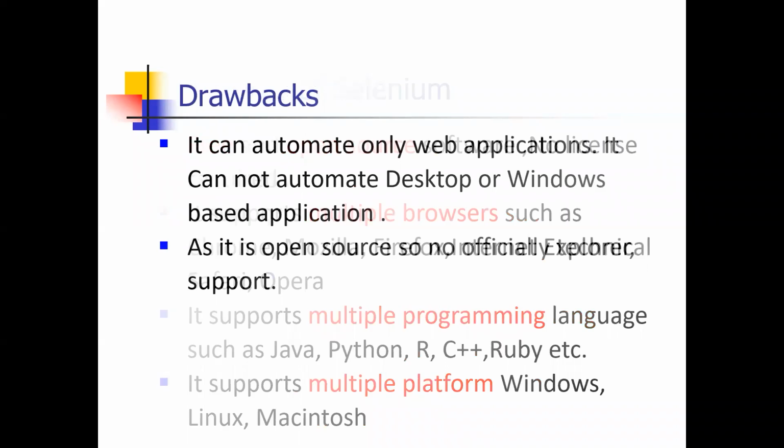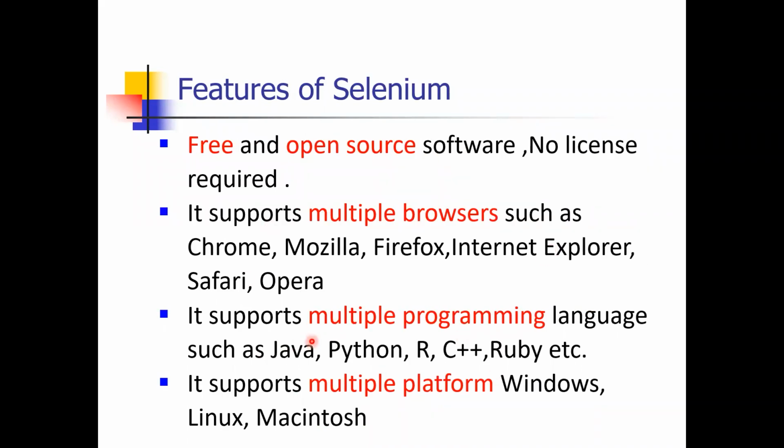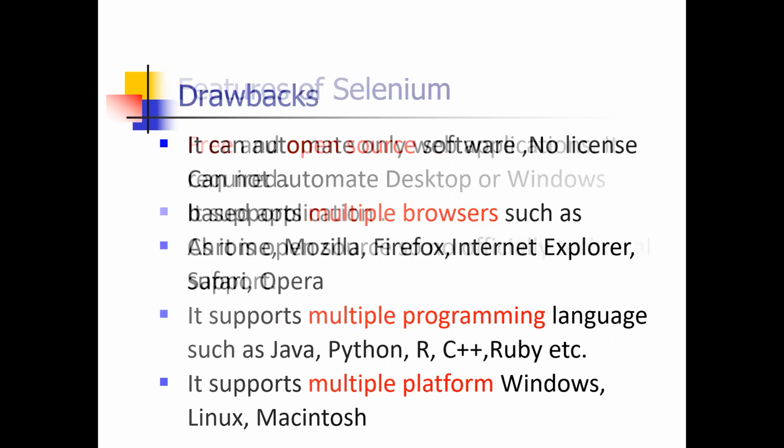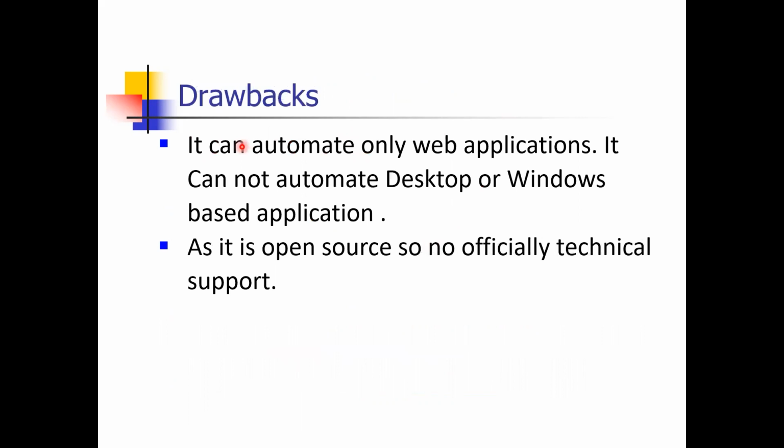These were the features, and why we use Selenium: it's free and open source and supports multiple browsers, programming languages and platforms. Now the drawback: it can automate only web applications. Whatever application we use on a website can be automated using this, but it cannot automate desktop or Windows applications.